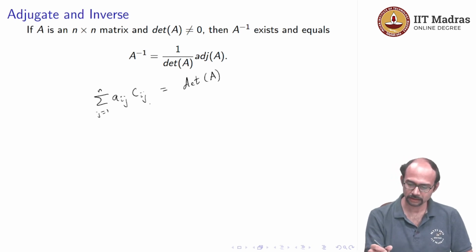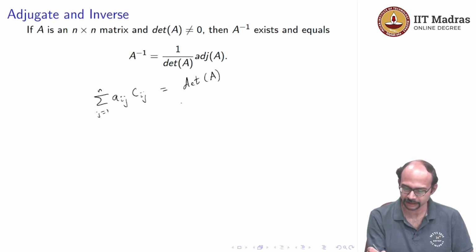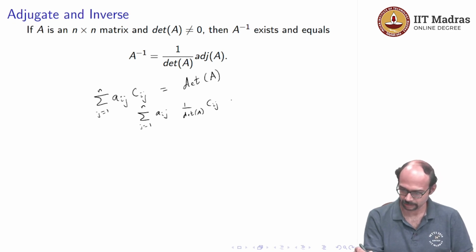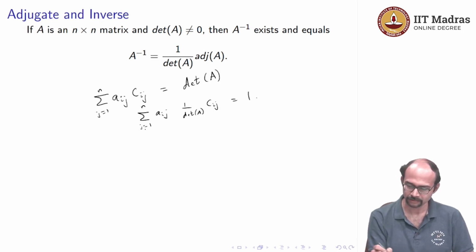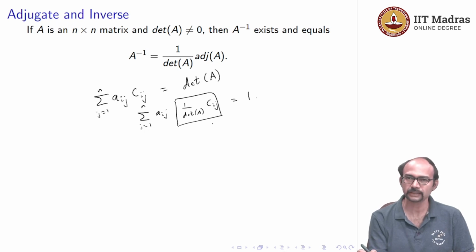So, now let us divide both sides by determinant of A. If you do that, and then we take the determinant of A inside the sum, what we get is the summation of a_ij times 1 by determinant of A times C_ij, j is 1 through n, this is 1.